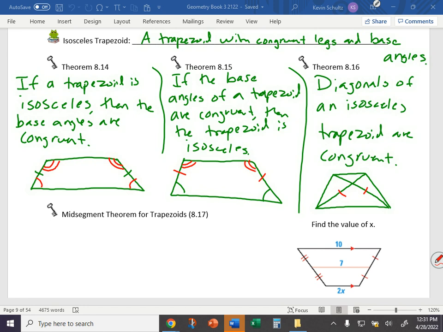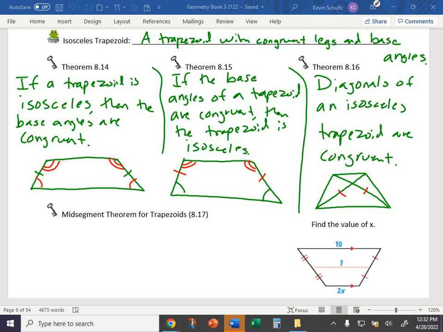These three theorems are only for isosceles trapezoids. All other trapezoids do have one pair of parallel sides, but they will not have congruent base angles. The diagonals will not be congruent. These are only specific to isosceles trapezoids. I want to make that very clear.